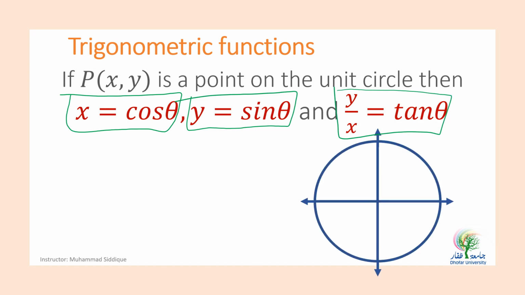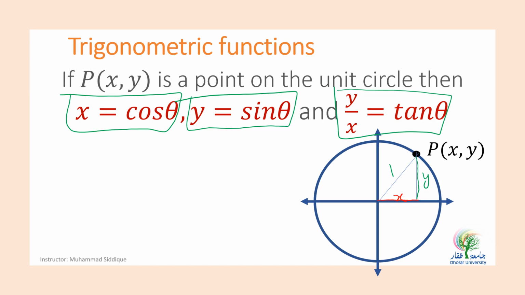How? This is a unit circle. This is a point (x, y). It's a unit circle, so the radius is one unit. You know this distance is y, and this distance is called x.